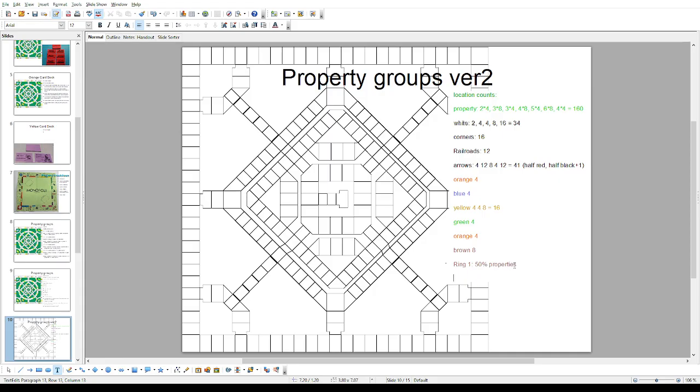Okay, so let's look at Ring 2. Ring 2 has 3-property groups. You see here is 1, 2, 3, 4, 5. But these are not going to be properties, so there are 4 things in each section here that could be properties. So having 3 each be properties works.